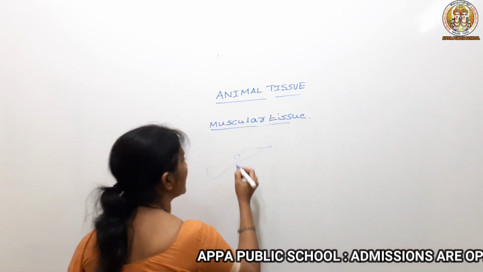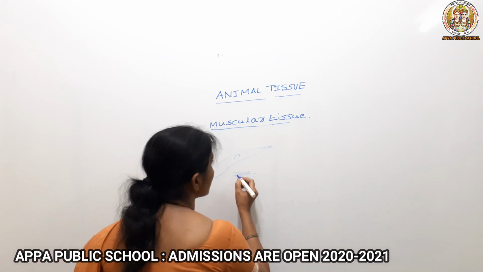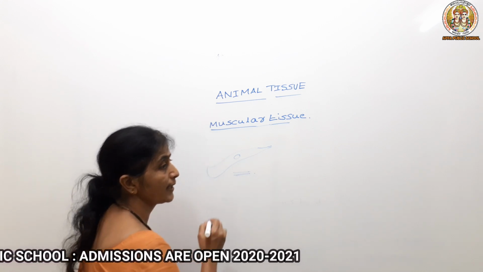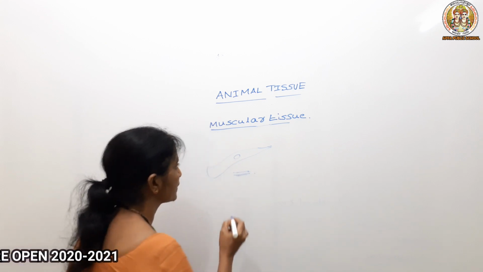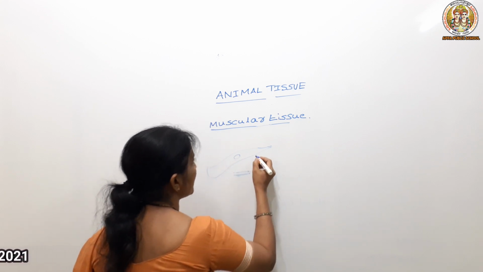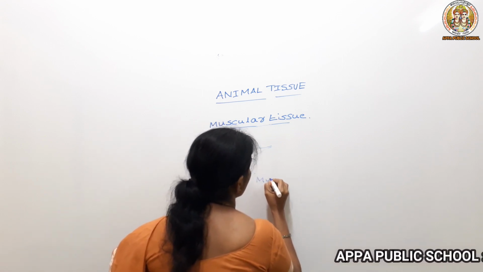That's why it is known as non-striated, non-striped, smooth muscle or involuntary muscle. It has different names. It has a spindle-like structure and the cells are known as muscle fibers.